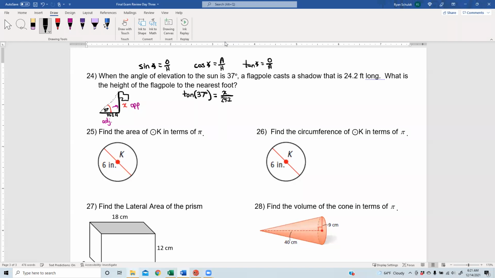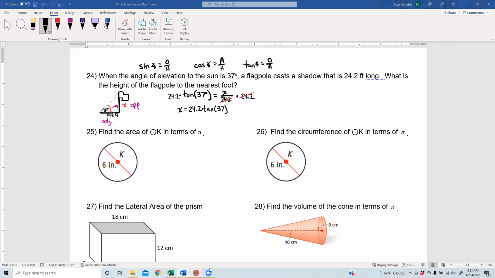I want to get rid of this denominator, so multiply both sides by 24.2. That cancels, that cancels. I'm left with x equals 24.2 times the tangent of 37.